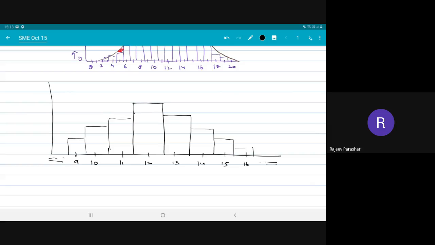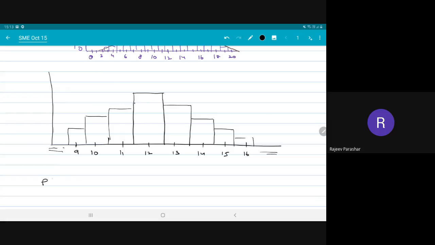What if we want probability x is equal to 10 for a binomial random variable?